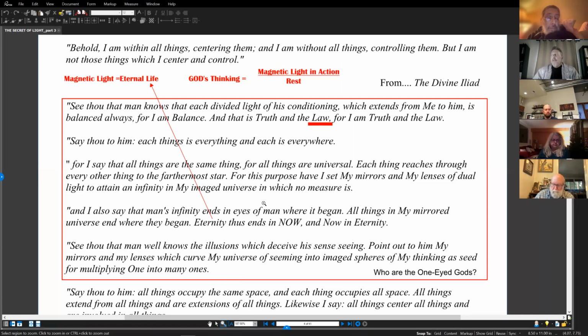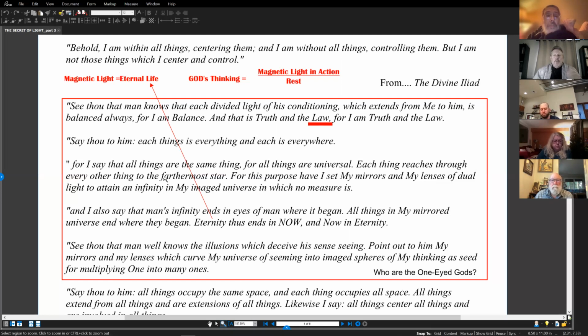And as we look at that, we also can see that when we talk about eternity, as I mentioned earlier in the first slide, magnetic light equals eternal life. So within eternity is the magnetic light, the stillness of God, the one, the centering point from which all things flow, from which this magnetic stillness starts and begins to create the duality and polarity of thinking and the wave through its desire.